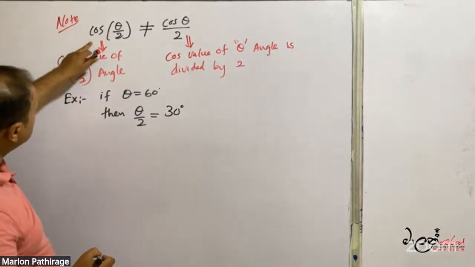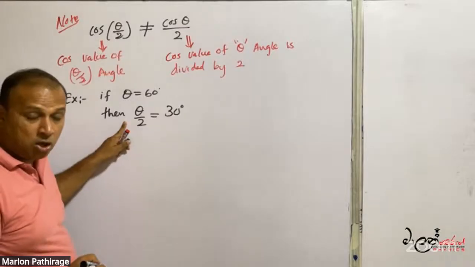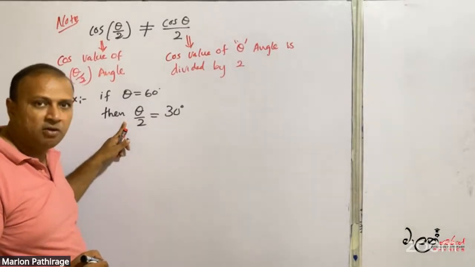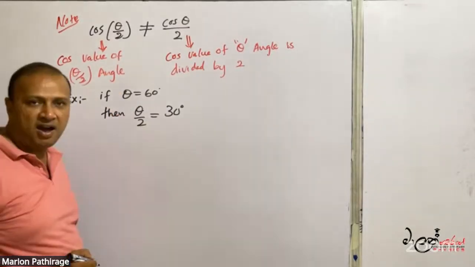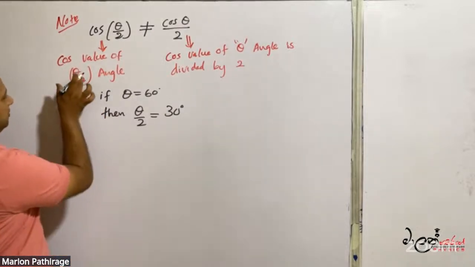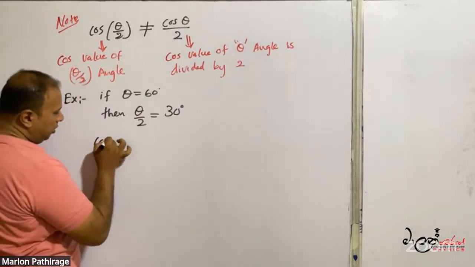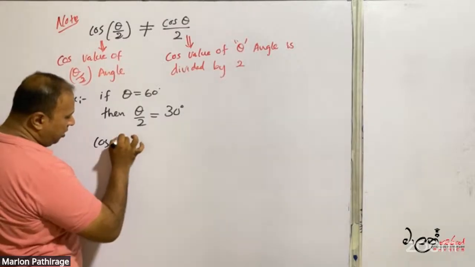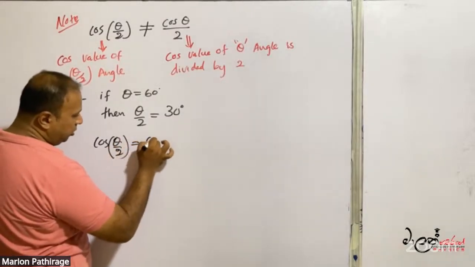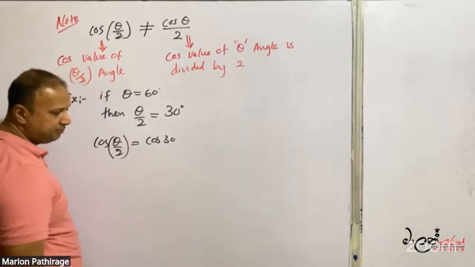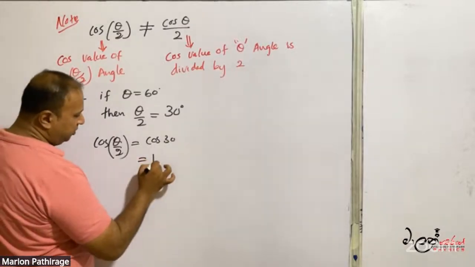Therefore, cos theta over 2 means cos 30, cos value of half angle. Cos 30 is root 3 over 2.